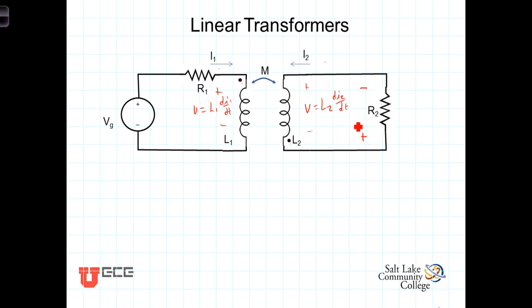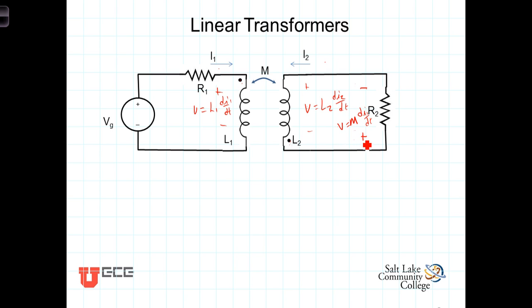So this then would be M, the mutual inductance, times dI1/dt. So there's another voltage here. It's the voltage in coil 2 due to the current 1 that is created through this mutual inductance. Because I1 is referenced into the dot, the voltage due to that current will be referenced positively at the dot.